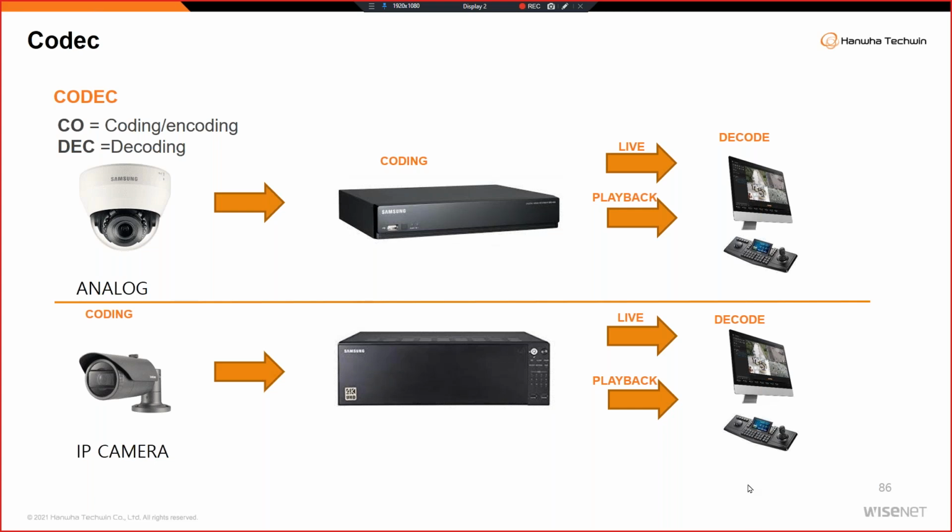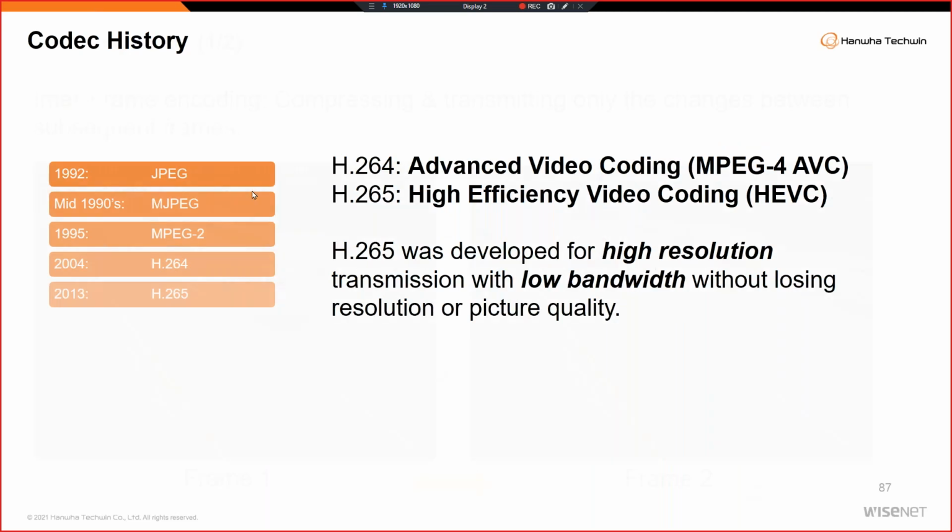Now there are different codecs. Let me go very quickly on this topic. A couple of years back we had to educate, but today almost every camera is H.265. Just remember, H.265 is common today, but it was introduced in 2013. Many vendors adopted much earlier.